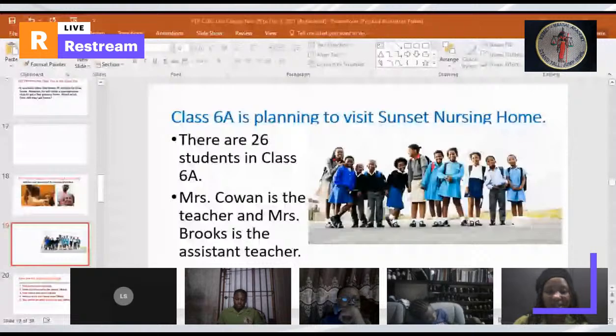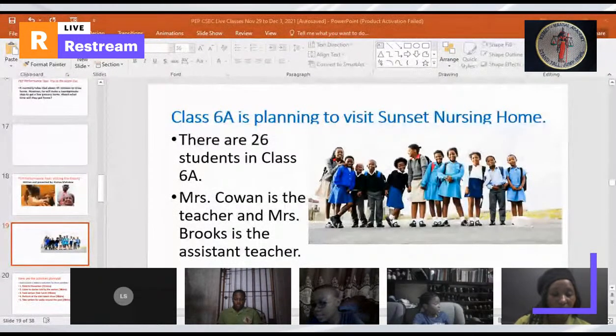Sometimes we can learn so much from the older folks, and they are the storehouses of the culture. They are the storehouses of even the family memories, the important things, and they can tell you all about life back in the day. And sometimes I think we take our elderly for granted. It's good if we're able to visit.